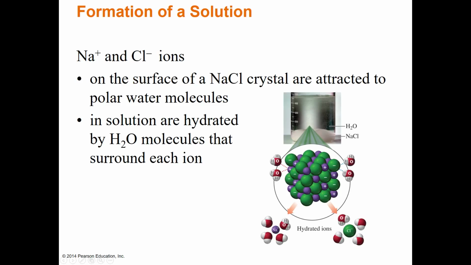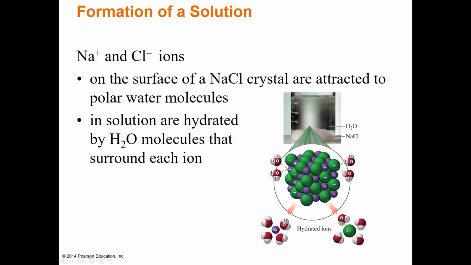Another hydrogen. So the chlorides get surrounded by the positive ends of the water molecule, and the sodiums get surrounded by the negative end of the water molecule.